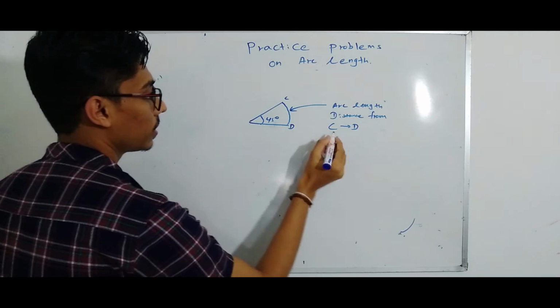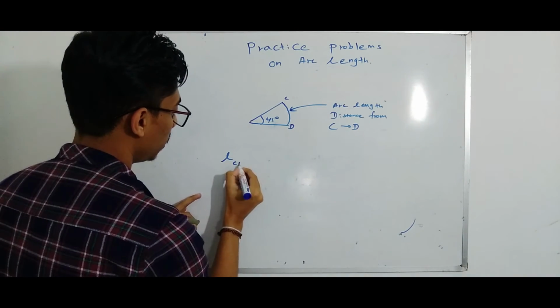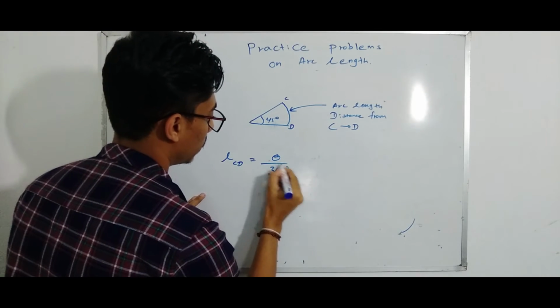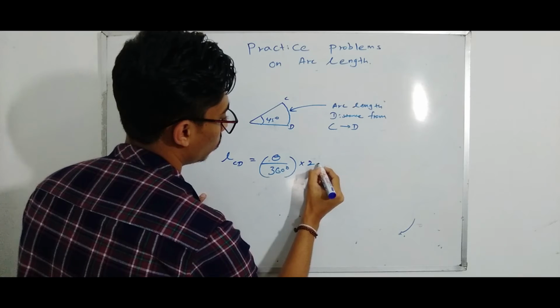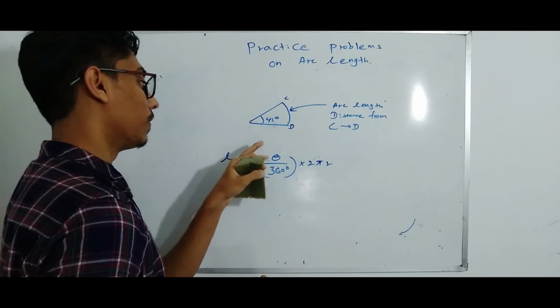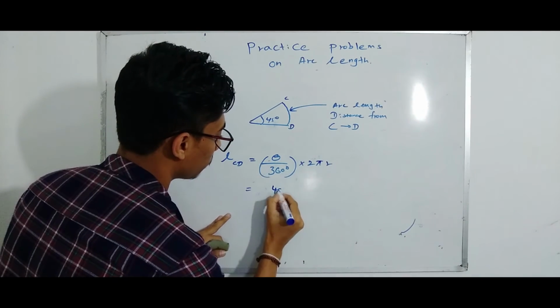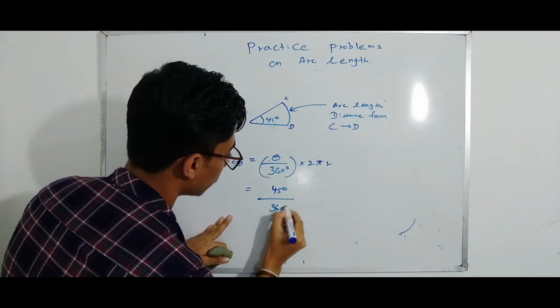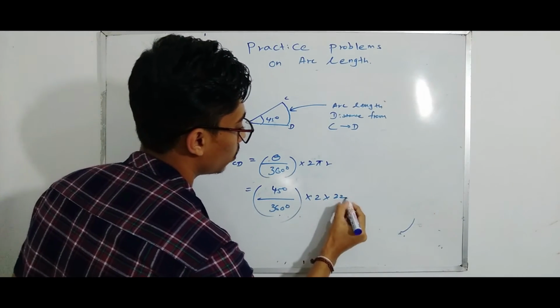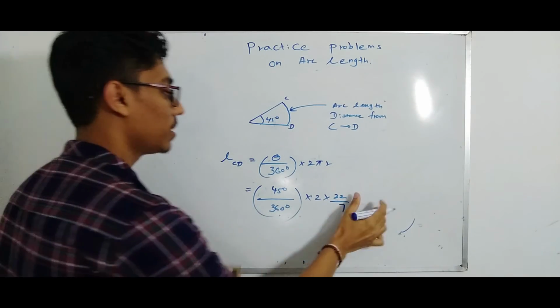To get that, again I use my equation. I'll write length of CD equals theta over 360 degrees into 2 pi r. So for theta I have 45 degrees over 360 degrees into 2 into 22 upon 7 into, sorry, I missed the radius.